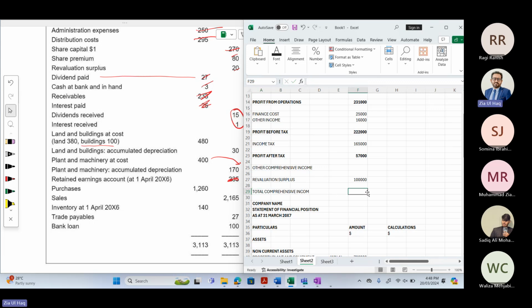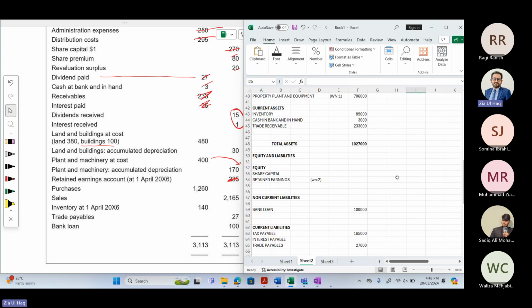And this total should be equal to this profit figure plus this figure, and enter. And this should be bold as well. This heading should be bold as well.